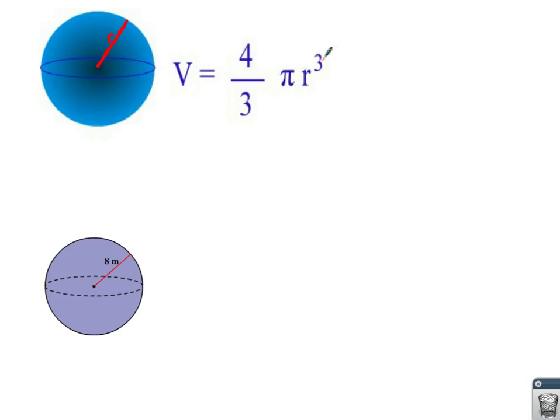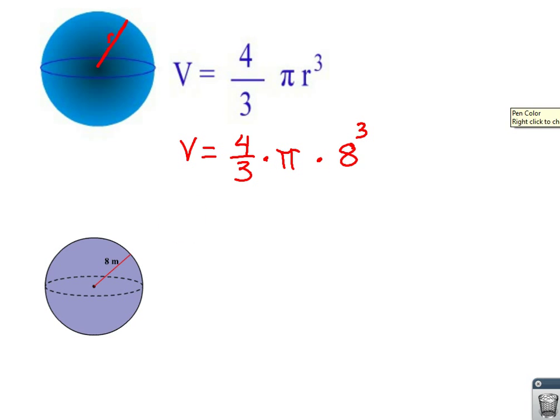Okay, let's substitute in our values. V is equal to 4/3 times pi, leave it in terms of pi. Now the radius in this particular example down here is 8 meters. So we're going to go with 8 cubed, 8 times 8 times 8.